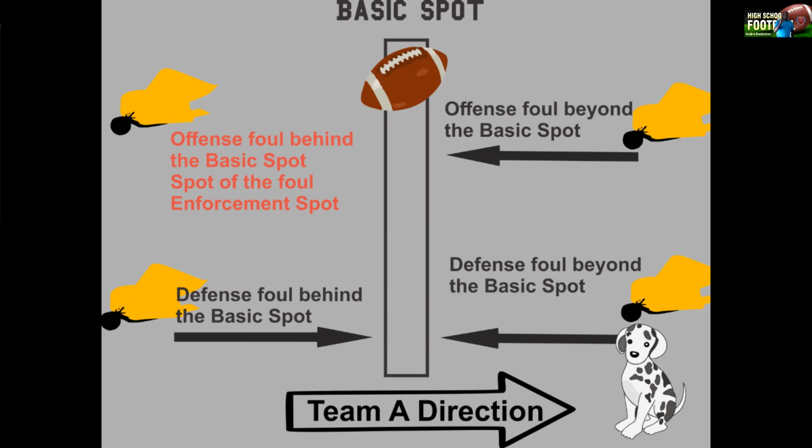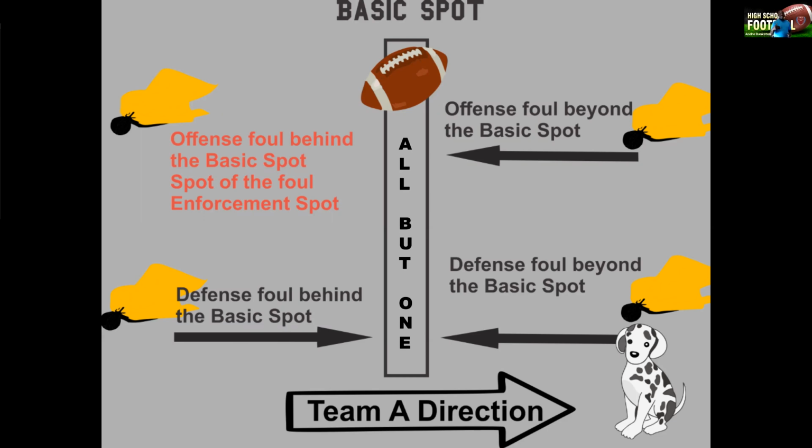However, the foul behind the basic spot by the offense is a spot foul on the enforcement spot. This is the all but one, right? So out of all the four fouls, only one is not marked from the basic spot. That's the foul behind the offense basic spot or on the kick.